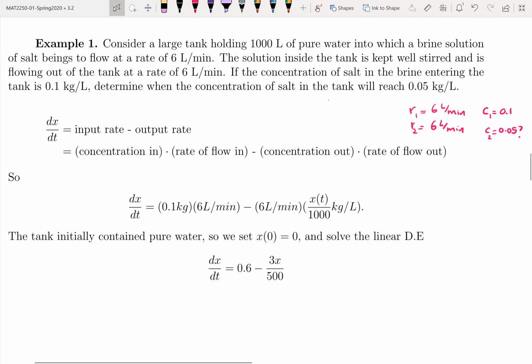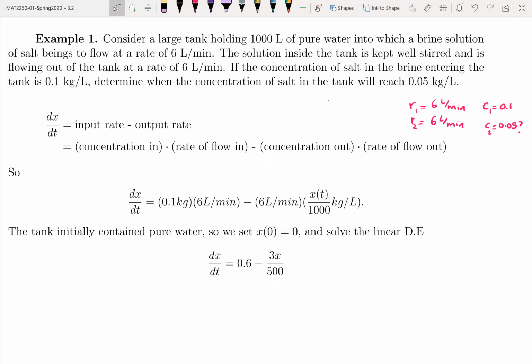So all I need is to write the differential equation and solve it, right? As we practiced last time, the change of the salt inside the water is rate in minus rate out. Rate in minus rate out means concentration in times rate in, minus concentration out times rate out.